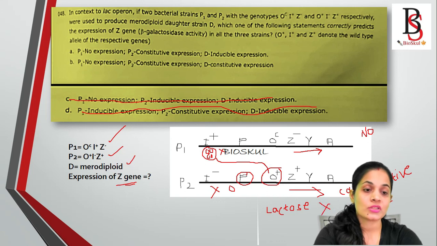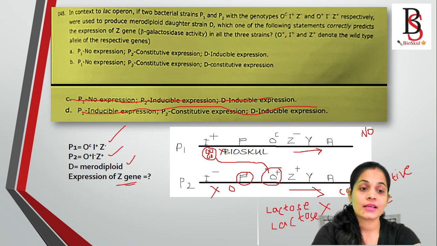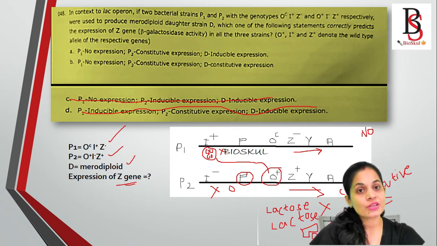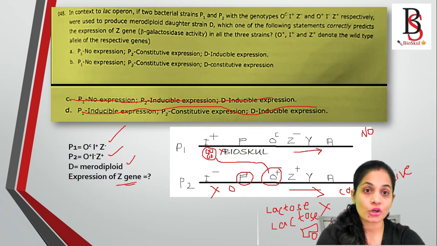So if lactose is absent in the medium, then only the repressor can bind to the operator region, and that will switch off the expression of structural genes. But if lactose is present in the medium, then what will happen? This repressor cannot bind to the operator region. The repressor will bind to the allolactose, and RNA polymerase will bind to the promoter region, that will turn on the gene expression, right?